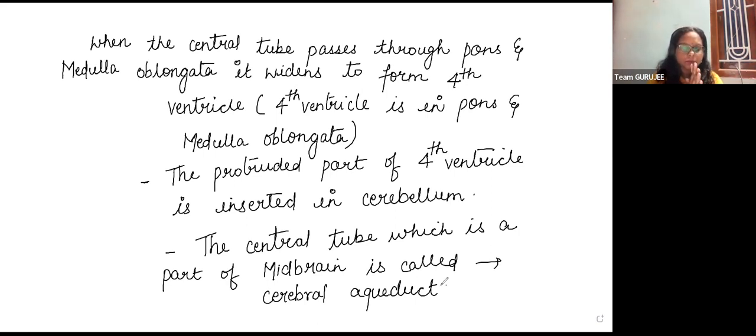Now that's called the fourth ventricle. The portion of the central tube which is in the midbrain is called the cerebral aqueduct. So these are minute points which you have to keep in your mind.